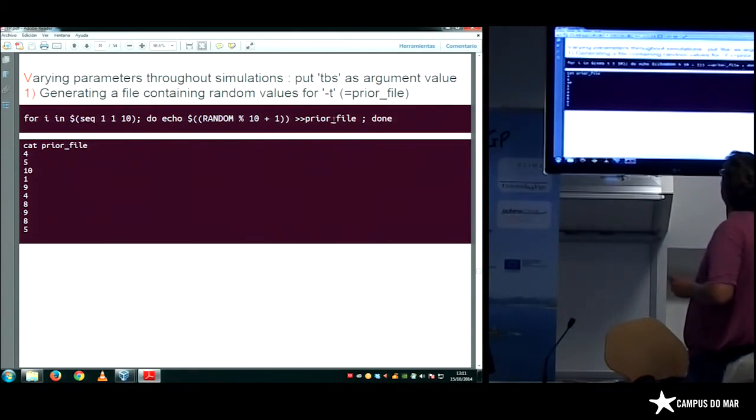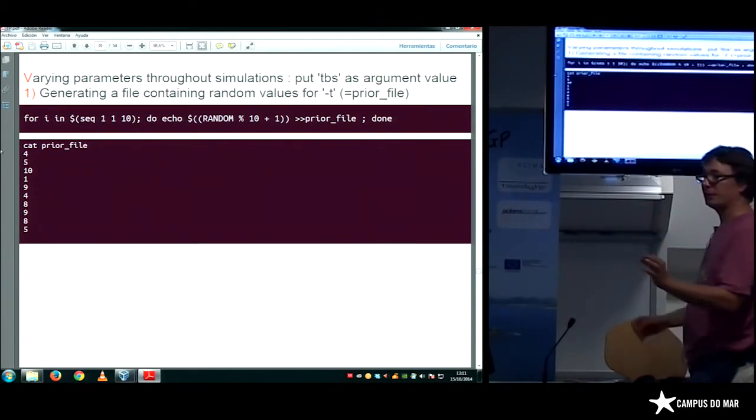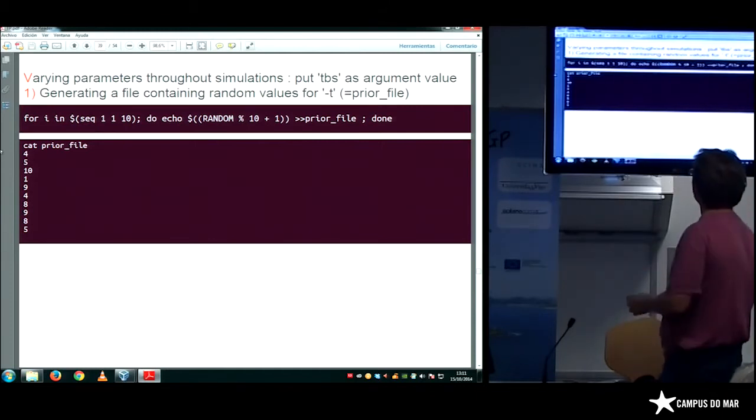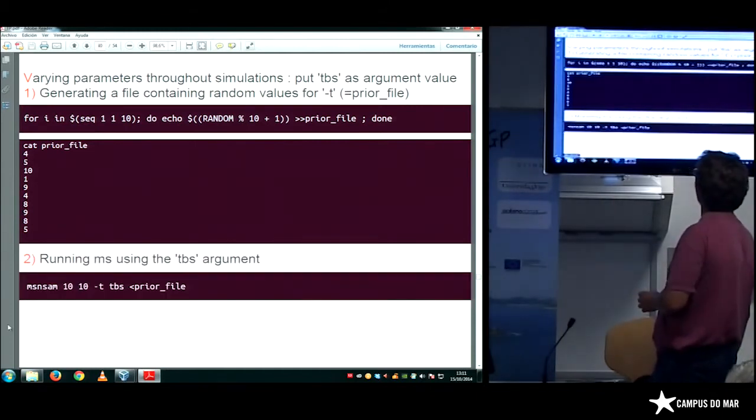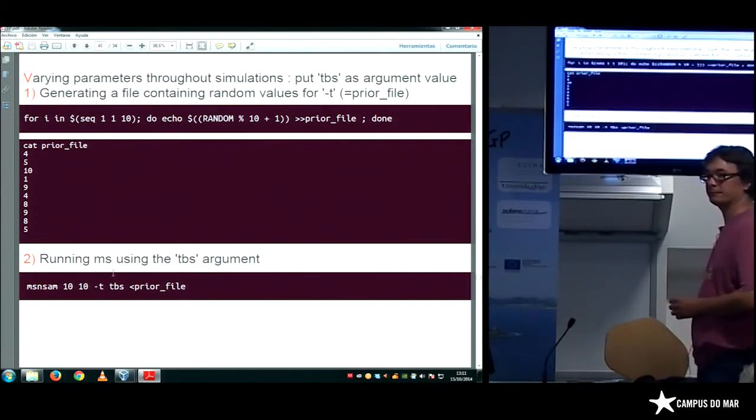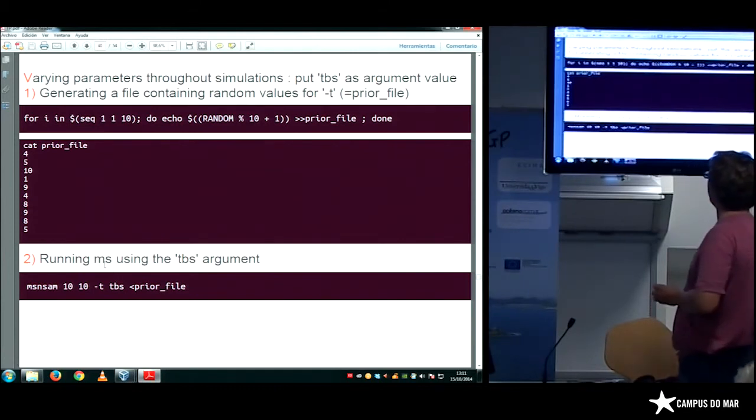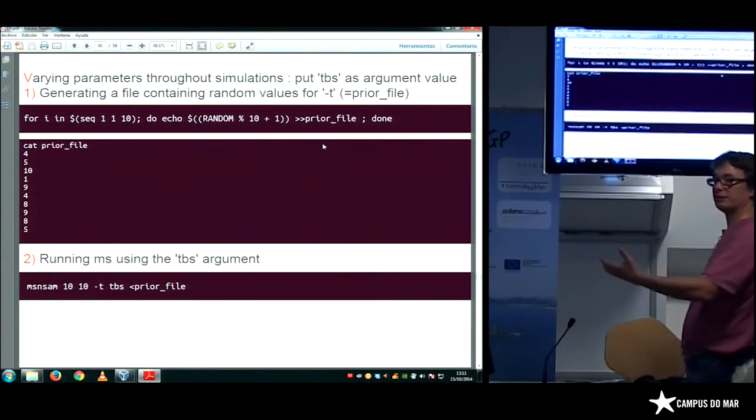You put this in a prior file, and when you ask for the prior file, you have all the 10 values of the uniform distribution here. Okay? So you can use this, and after you can run MS with the TBS argument. It uses the prior file we have just generated.